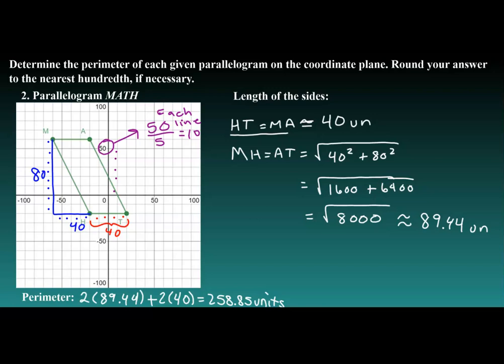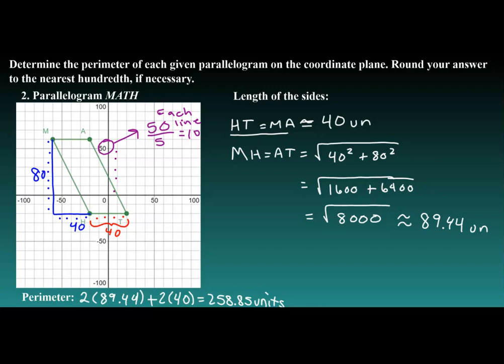So since there were 4 boxes, there's 40 points. And then MH and AT are equal to each other. And counting down from M, there's 8 boxes, so that's 80. Counting over is 4 boxes to get to H, and that's another 40.